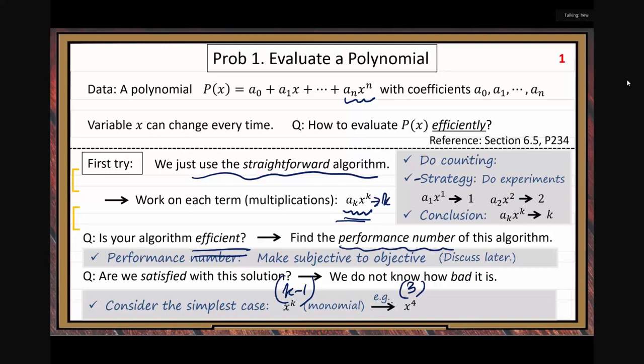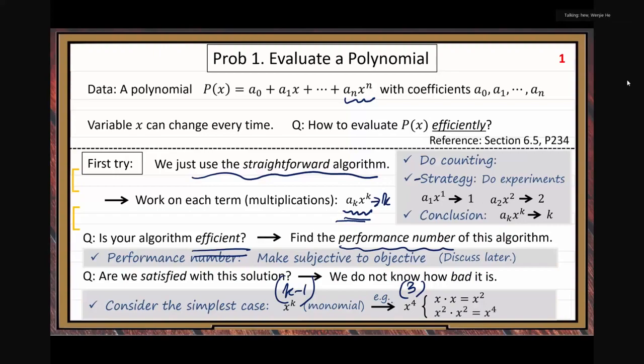So to calculate x to the 4th, let's do it in 2 steps. The first step, x times x equals x squared. 1 multiplication. That's enough. Second, because we already have the x squared number, we can use x squared immediately, right?